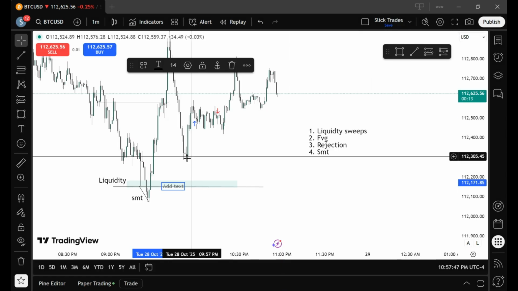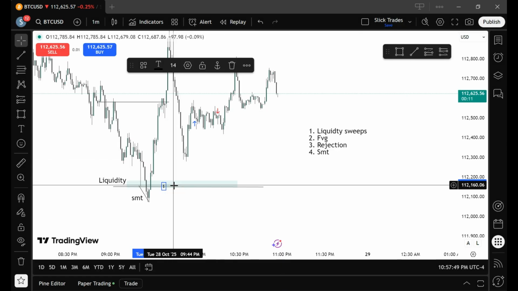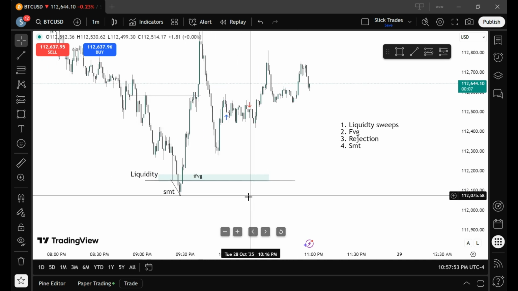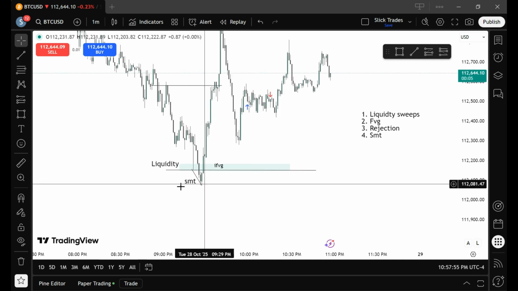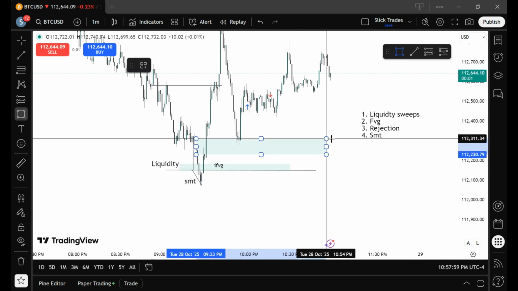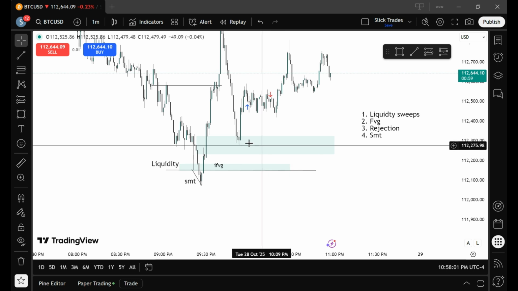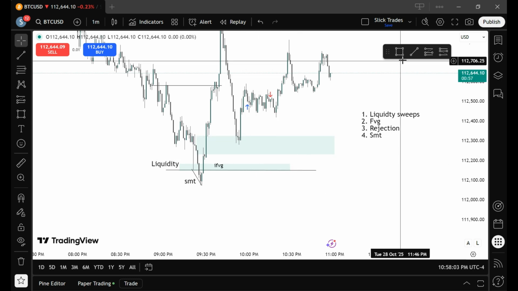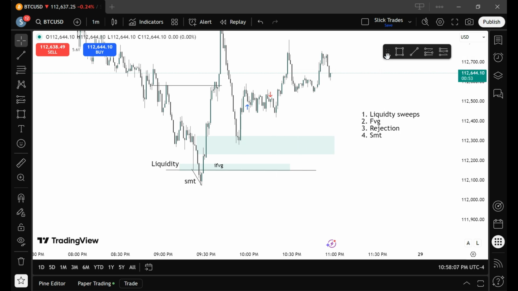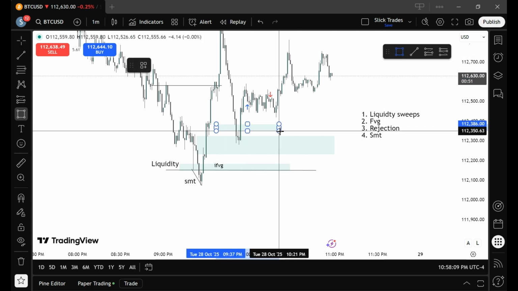Okay, what's left? The only thing I don't have here is a rejection off a higher time frame or even the same time frame fair value gap, which here's a prime example of that. Comes down, rejects, goes back up, had an inversion off of it as well.